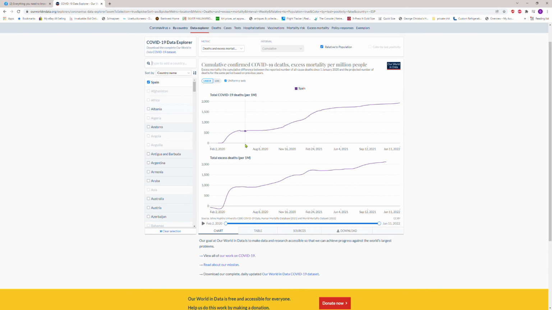The lie got so bad at one time, it looked like Spain had reached herd immunity. People were talking about that because there weren't any deaths at all, because they weren't even classifying them as COVID. Russia was the first one I showed, they had 6 times as many excess deaths as COVID deaths, which we believe are COVID now.